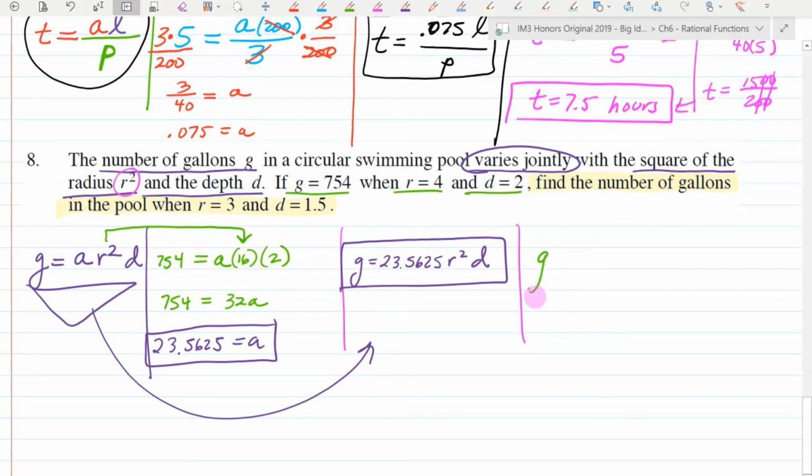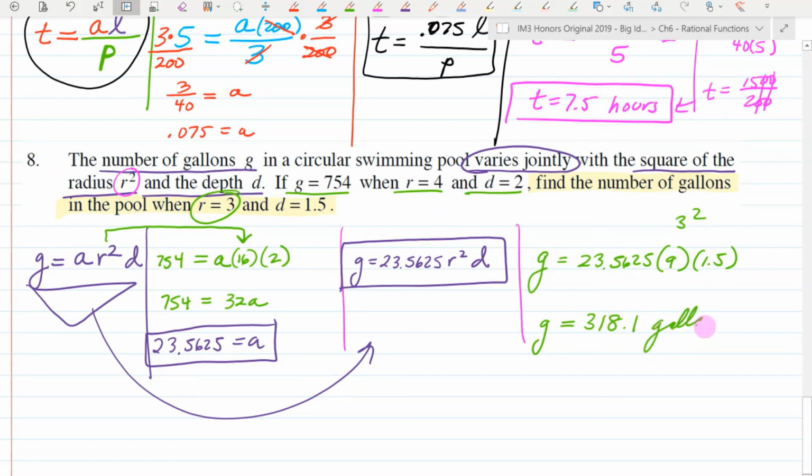So find G. We have 23.5625. This will be 3 squared because R is 3, so that's 9. And then the depth is 1.5. If you multiply all that out, there's approximately 318.1 gallons of water in the pool.